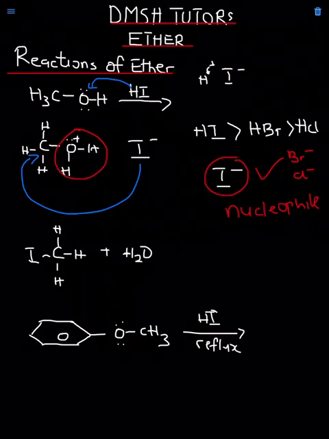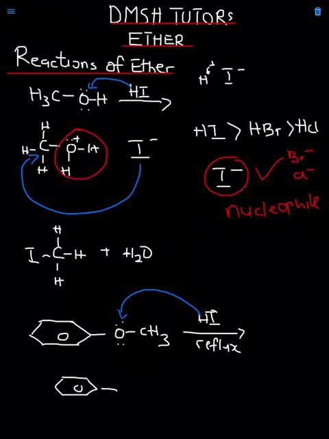What I'm going to have is this. The first thing is that the acid will protonate the oxygen. After protonating the oxygen, what do you think will happen next? So we have protonated ether.